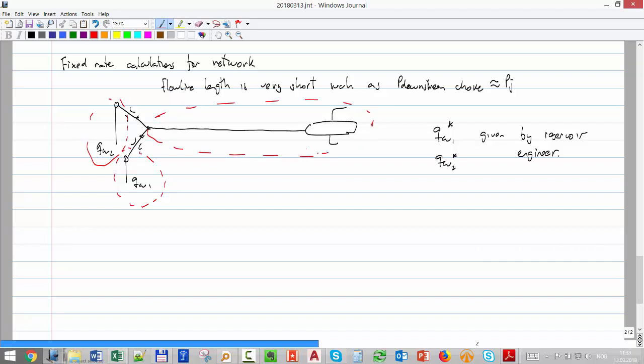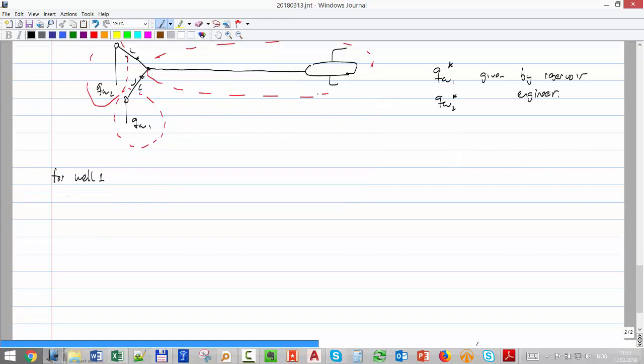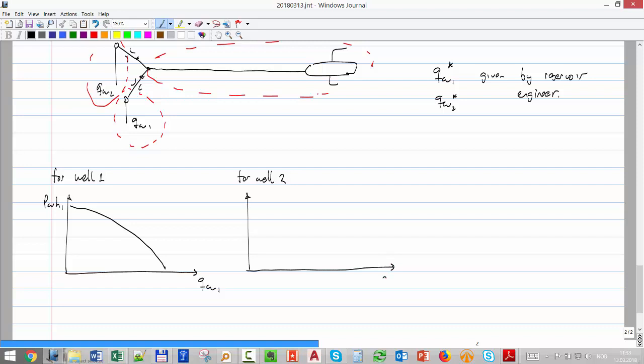For well 1, P at the wellhead 1 is going to look like that, right? And then for well 2, P at the wellhead 2 will also look like that, right?